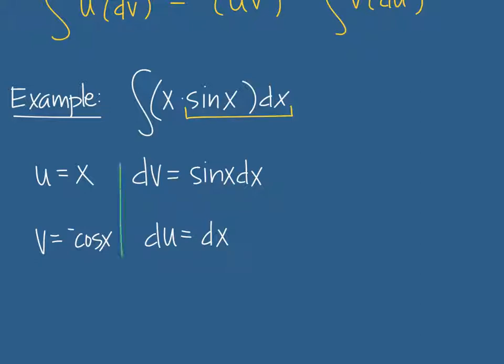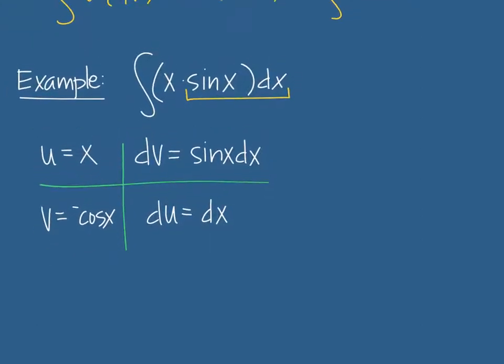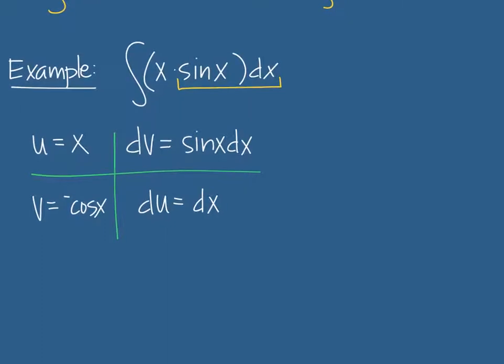Maybe you want to make a box. What you're saying is that the original problem, x sine x dx, is equivalent to the following combination. It's equivalent to uv, think like UV rays, like you put sunscreen on to protect.